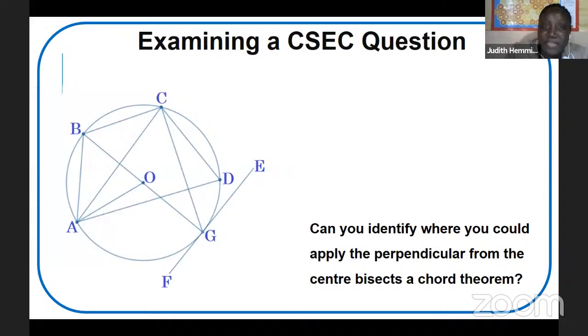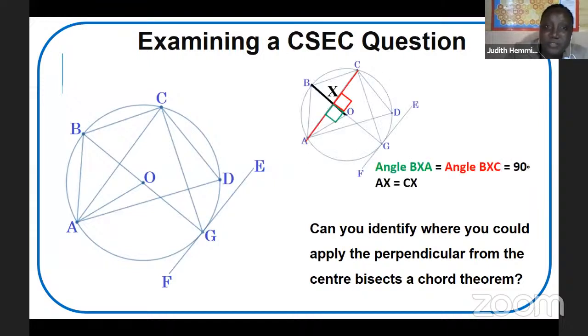So in the interest of time, I'm just going to share our response. The chord that we are going to be bisecting is going to be AC. So AC is the chord and the radius that bisects AC is going to be OB.